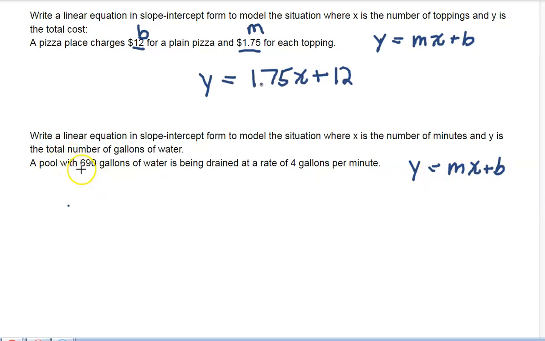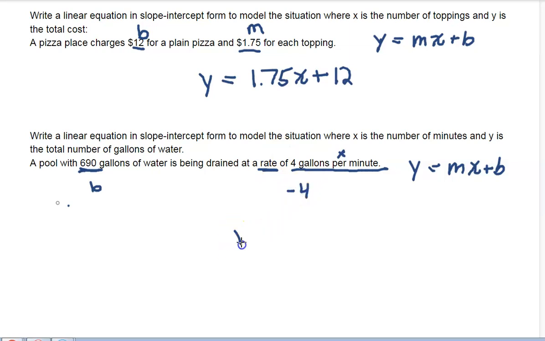Our beginning is right here. That's where we're beginning. And drained at a rate of, there's a rate, 4 gallons per minute. There's our per right here. Because it's draining, I'm going to say that's a -4.